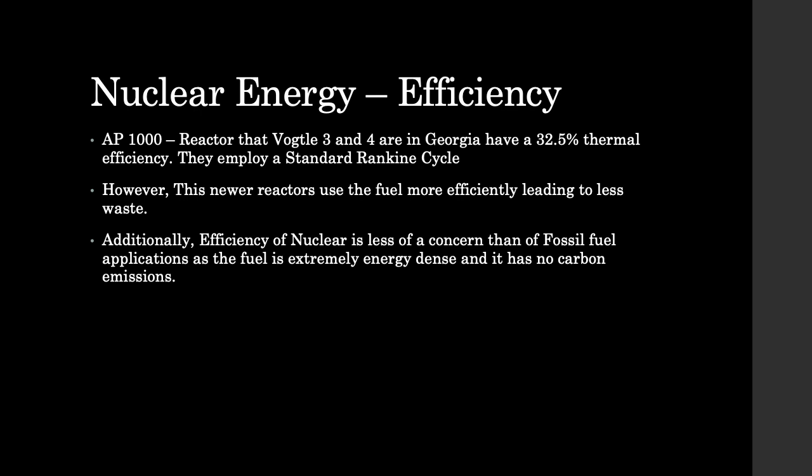So they do have a relatively low thermal efficiency, about the one you'd see with any heat power plant that has a Rankine cycle. But with nuclear energy, it's slightly less of a concern because the fuel is so energy dense, and you get a lot of thermal energy from such little amounts of uranium anyways.